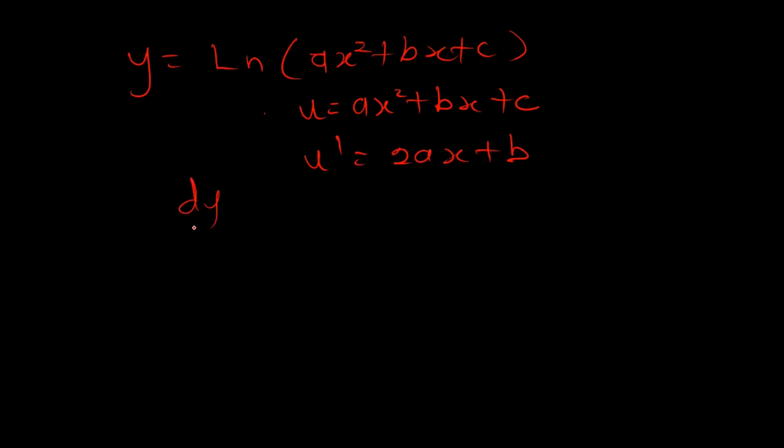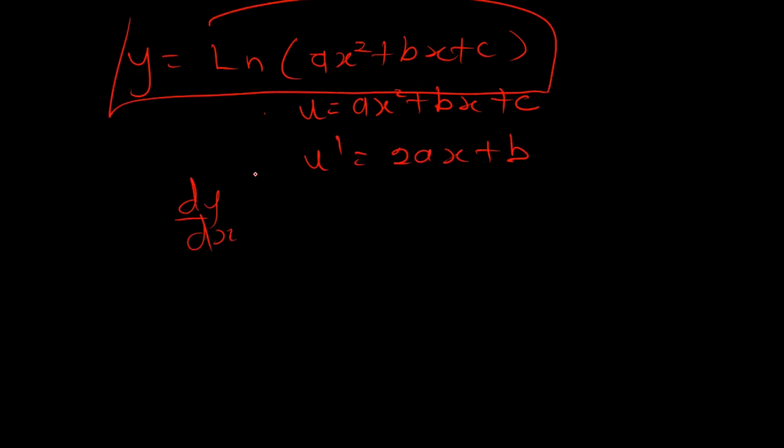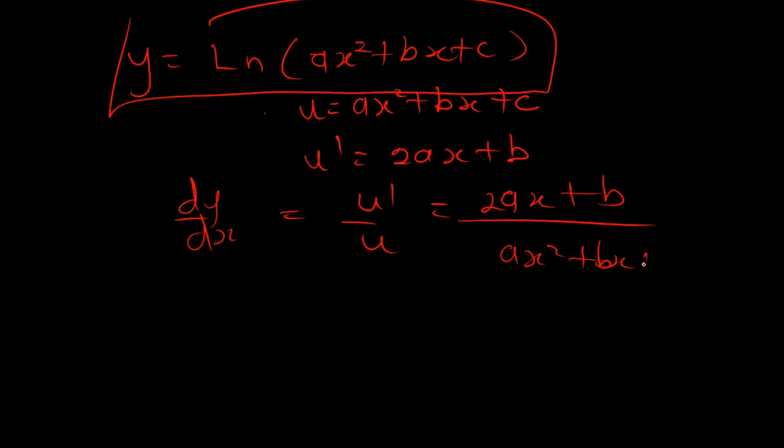So your dy over dx of this whole function is going to be u prime over u, which equals 2ax plus b all over ax squared plus bx plus c. So it is straightforward. All you have to do is get your u, differentiate your u, then you are good to go. Another example.